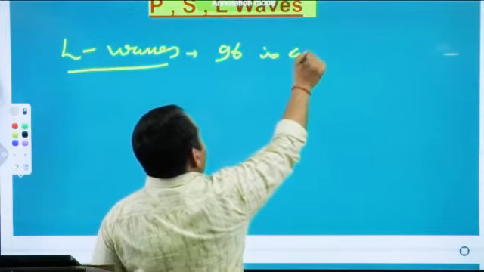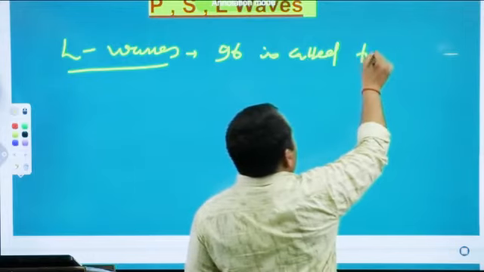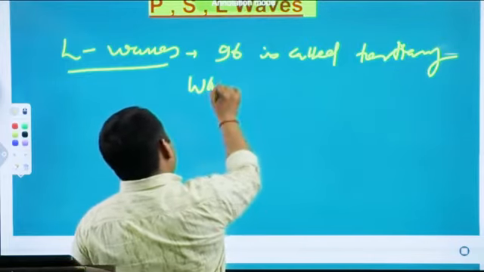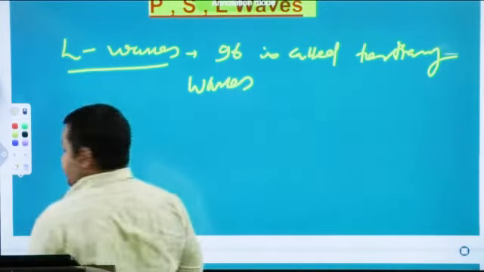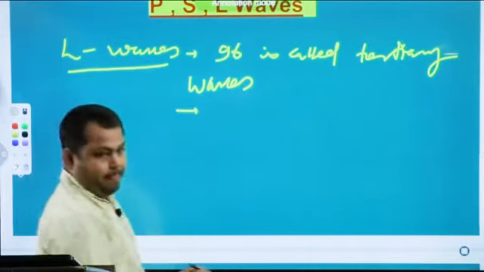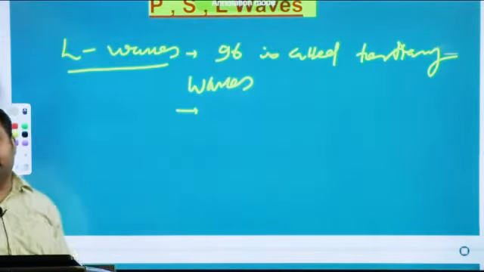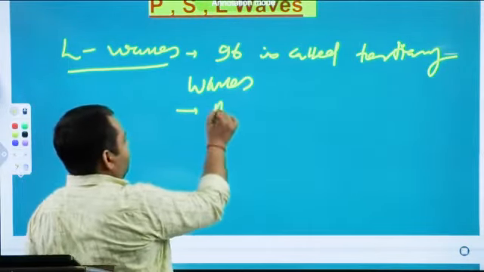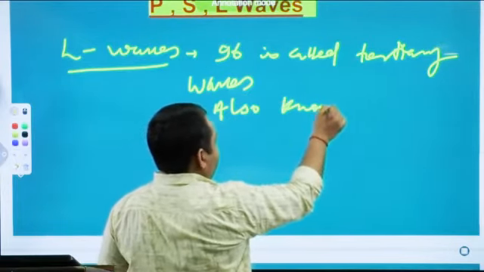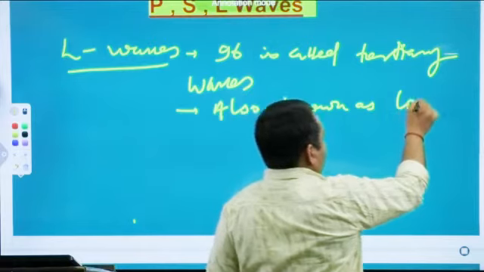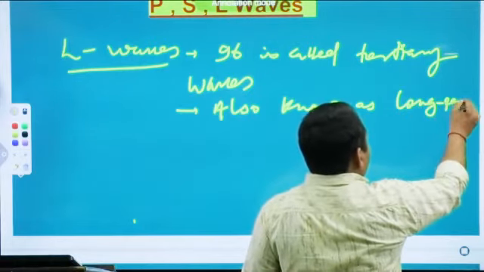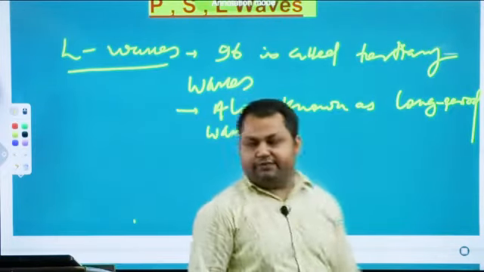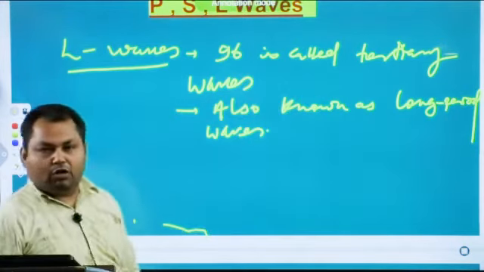It is called tertiary waves, as it reaches at third position. It is also known as long period waves.